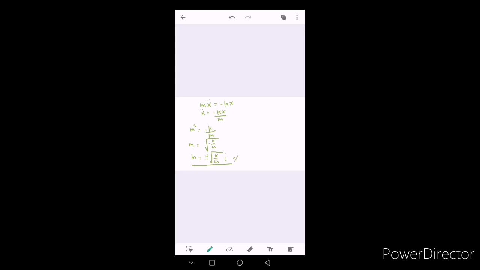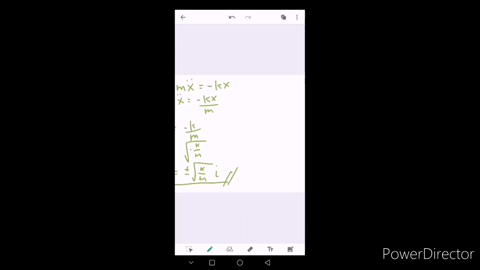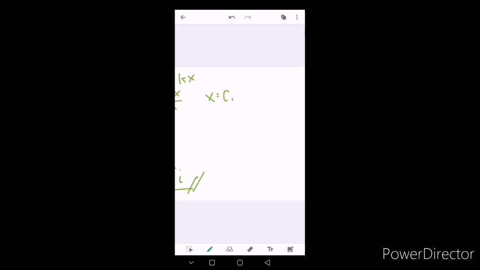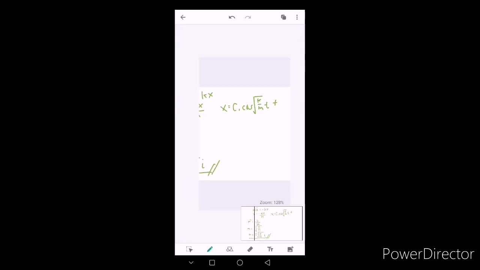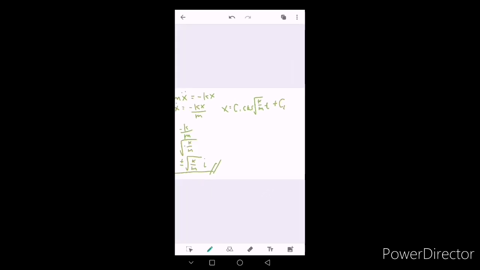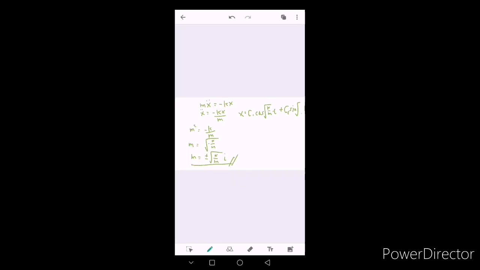Therefore, since we have complex roots, we could represent this with an equation which is x equals c1 cosine of the square root of k over m times t plus c2 sine of the square root of k over m times t, and so on and so forth.